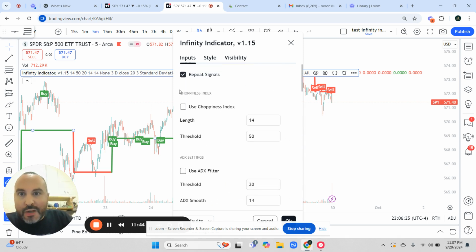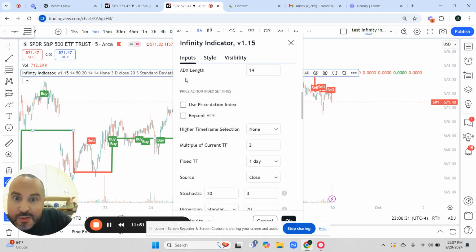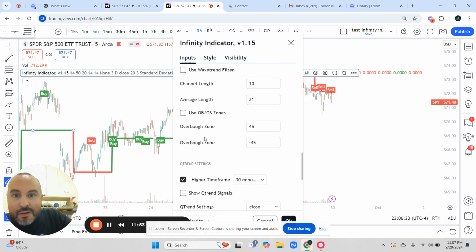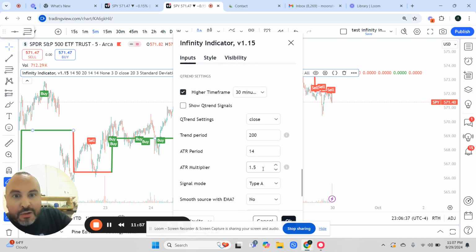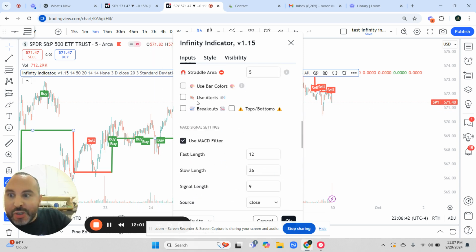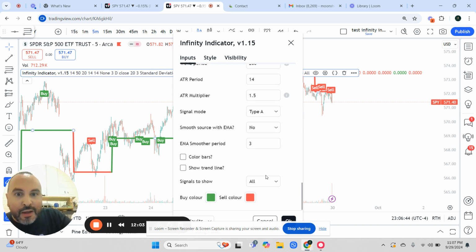So you should have 3 boxes checked, or 2 if you're not doing a repeat. But again, I do suggest the repeat. Repeat signals on, MACD filter on, higher time frame on 30 minutes, and your ATR multiplier at 1.5. So 3 check boxes should be checked, and you should have a 1.5 ATR multiplier.